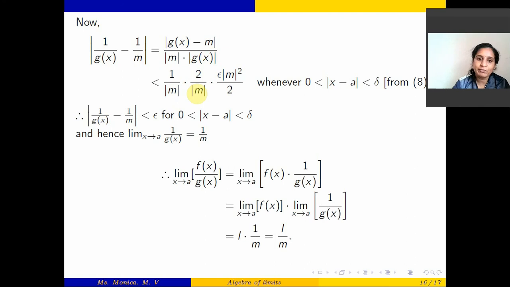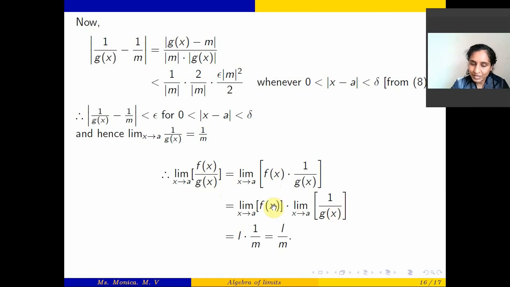The ending important part: limit extending to a f of x by g of x. We have already done the third part. What does it say? When I have the limit of the product, it is equal to the product of the limits. So f of x by g of x, I will write it as f of x into 1 by g of x. Now this becomes a product, first function into second function. Limit of one function into another function is equal to limit of the first function into limit of the second function.